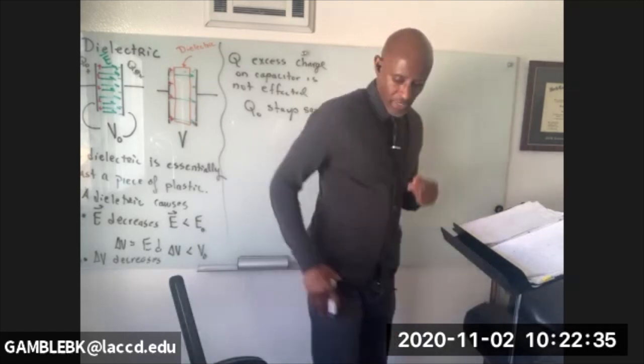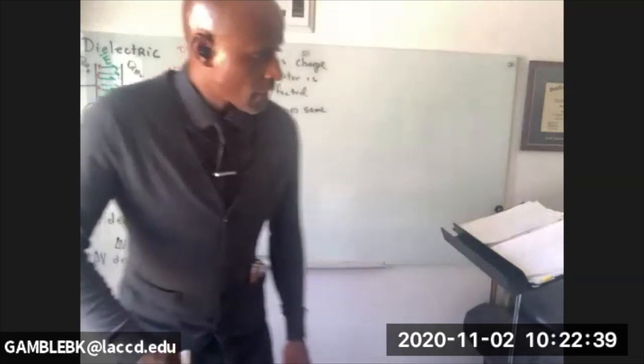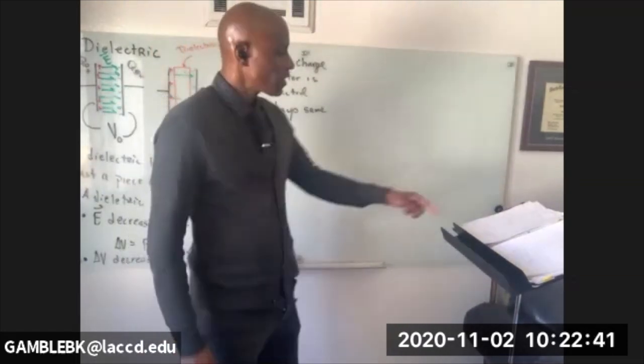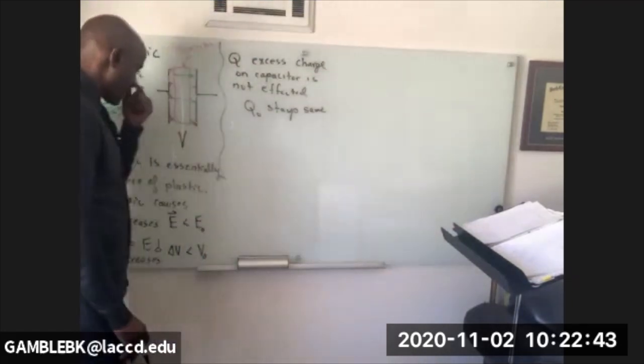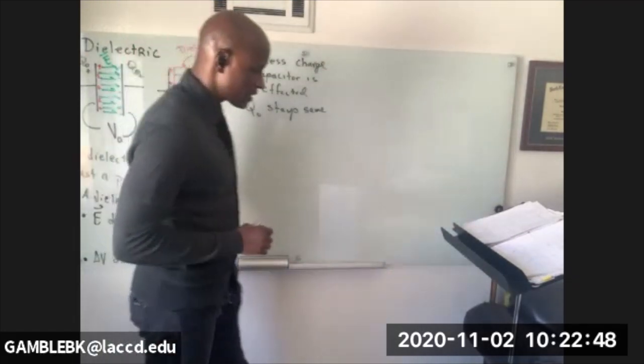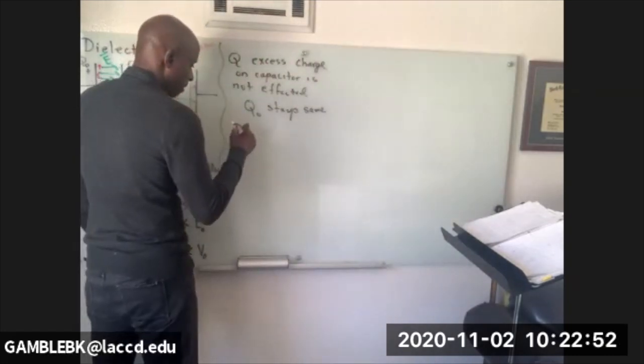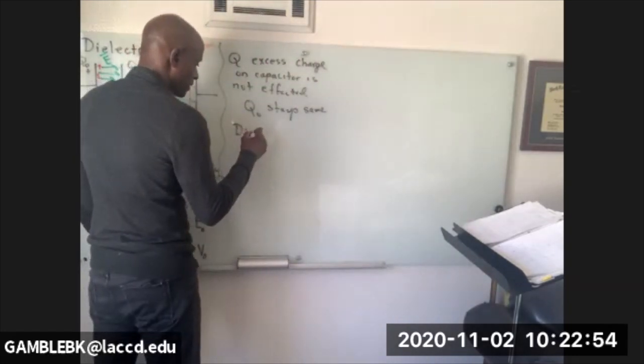So I want you to do something, and I need to take a quick break. Let's see if you can derive these things. So we established something called a dielectric constant. A dielectric constant is the ratio of the change in potential difference. It's a unitless number.